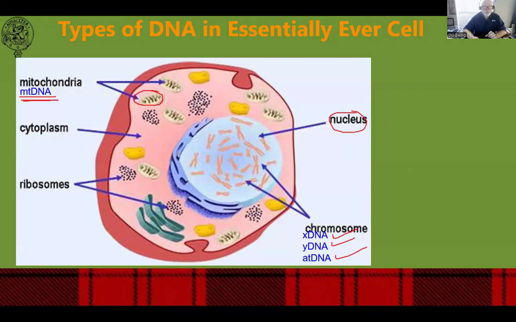And it is much like the Y chromosome. This is not a chromosome, but it is DNA. It is like the Y chromosome in that it's passed from mother to daughter, mother to daughter, mother to daughter, generation after generation, and allows for a way to identify earlier ancestors. We'll talk about that a little later on.